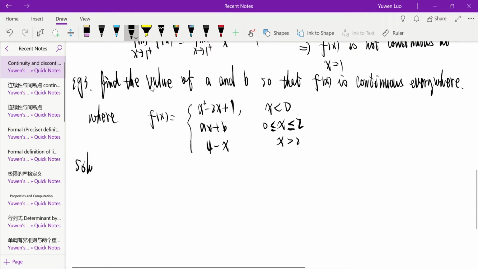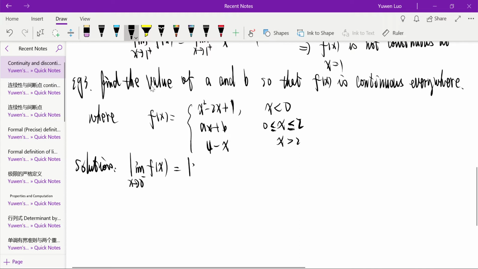So the solution is we determine if the joint points are continuous. So we find the left limit and right limit at x equals 0 and x equals 2.